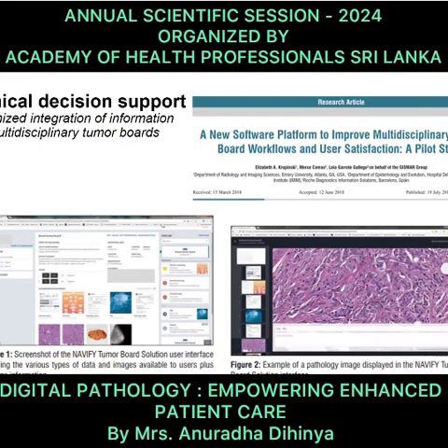With this platform, either the pathologists or the clinicians can discuss these cases. So digital pathology has its added benefit when it comes to clinical decision reporting.